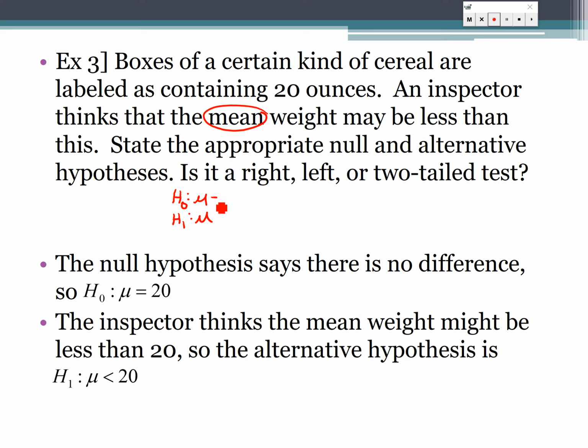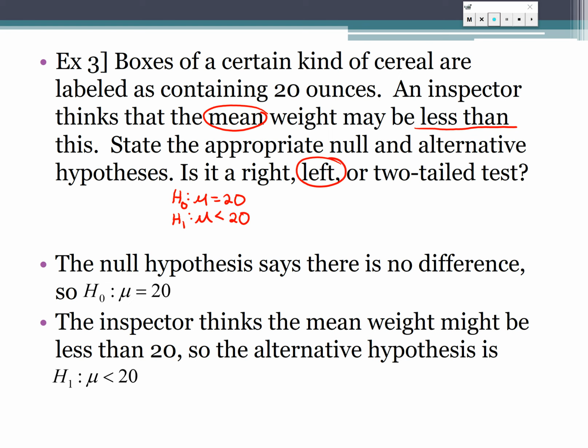The null hypothesis always has the equal sign, and now they're thinking the weight might be less than, so we're going to use a less than and the value of 20. The numerical value that you have in your null hypothesis always matches the alternative. So if I have a 20 in the first one, I have to have 20 in the second one. They'll match. The inequality symbol is pointing to the left, so we do have a left-tailed test.